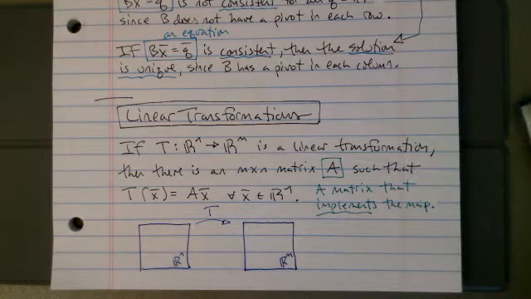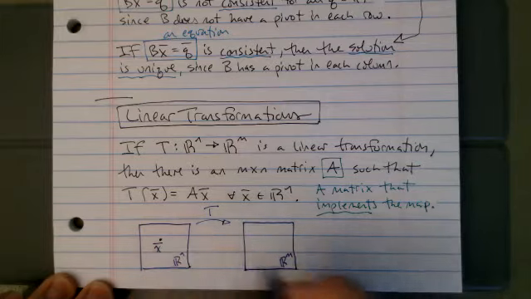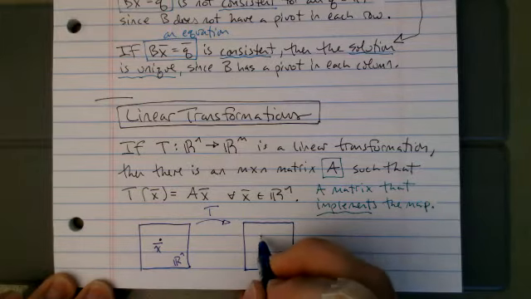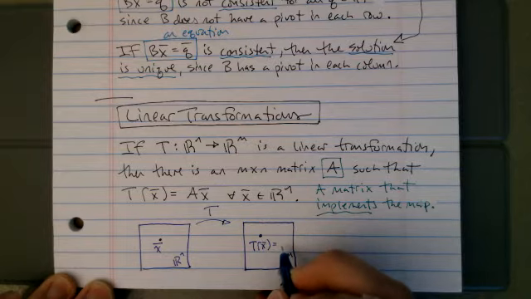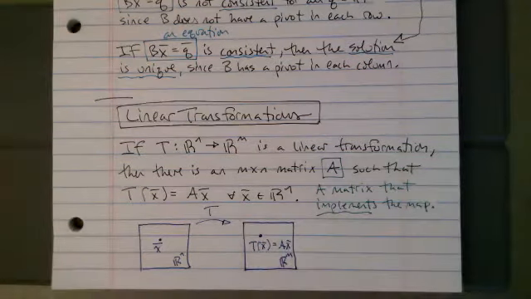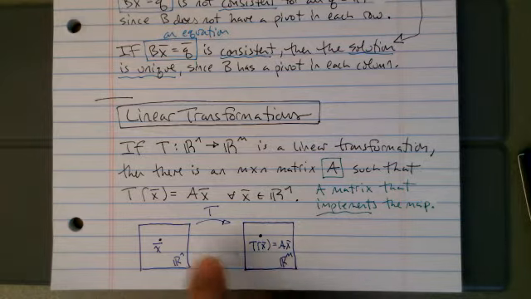X is some vector in Rn, and the image of X is just A times X. So if T is a linear transformation, then there is definitely some M by N matrix A that will implement the map from Rn to Rm.